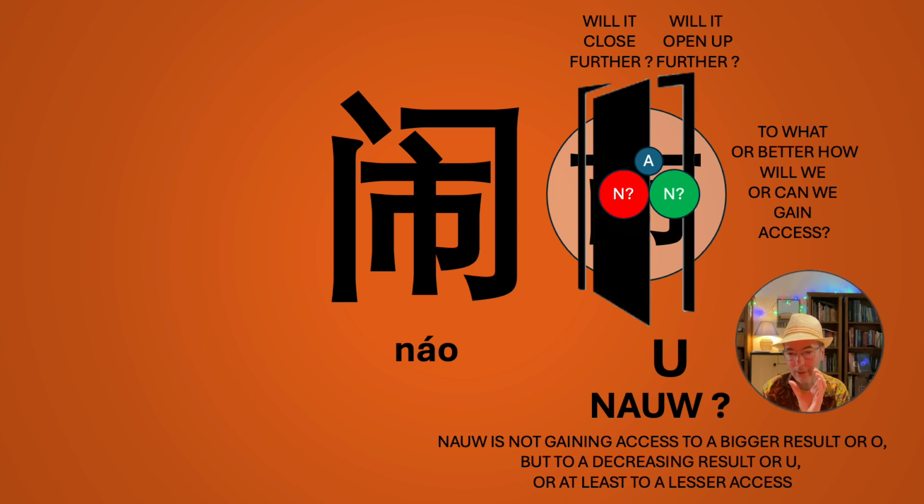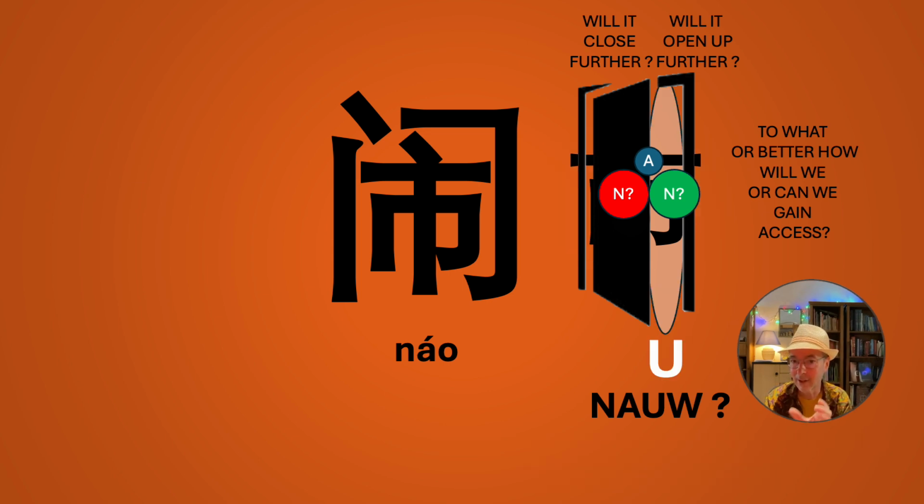So it is not gaining access to a bigger result like with the O, but it is decreasing because of the U. It's decreasing its focus, so I have to show it with a decreasing focus, or maybe even with a lesser axis.